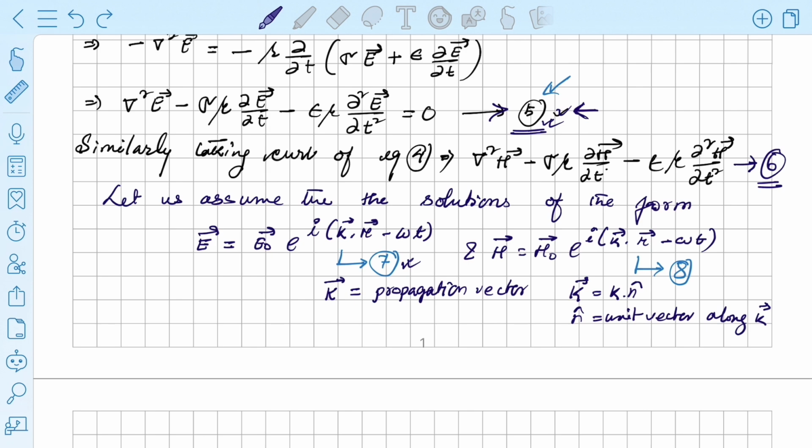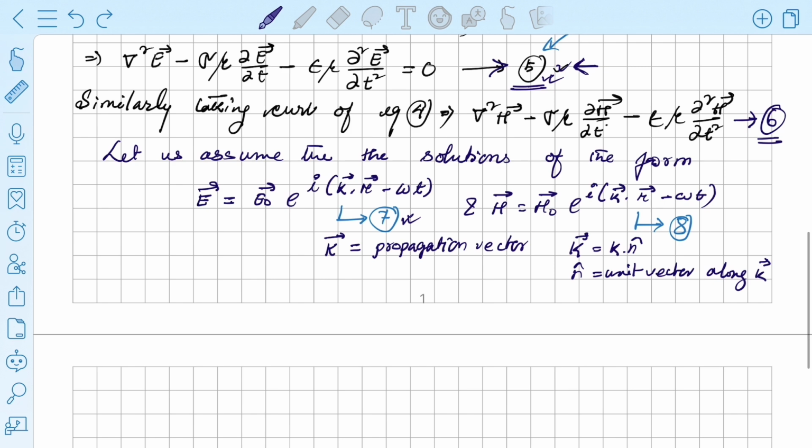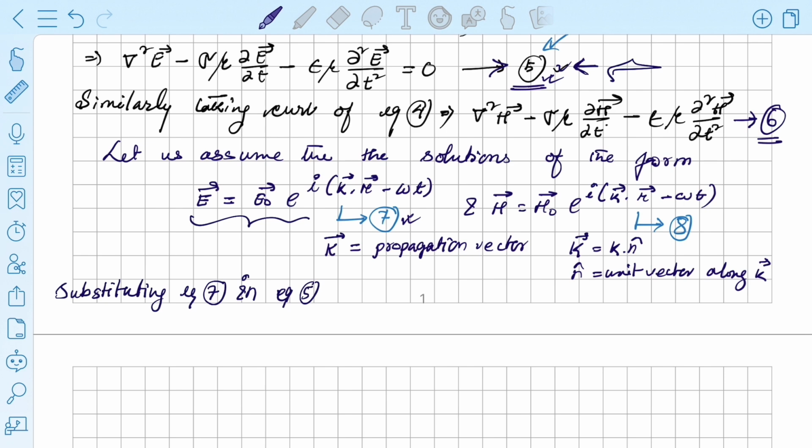So what we're going to have now, let me scroll down the page just a bit. Substituting equation number 7 in equation number 5, in this equation. We have used this equation in this equation, you can see, right?